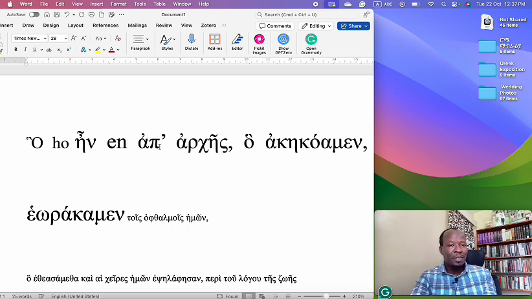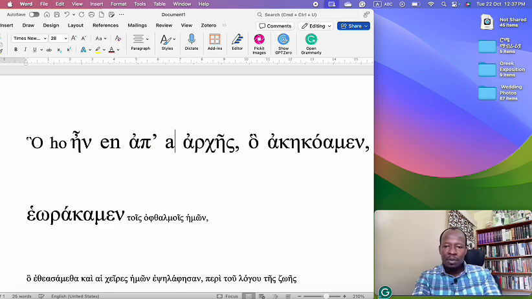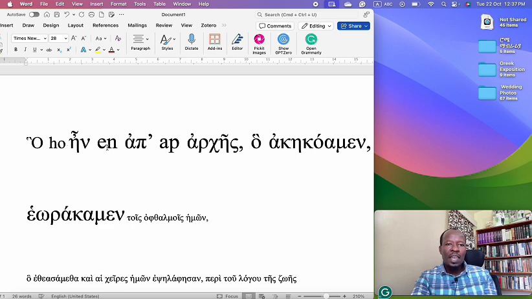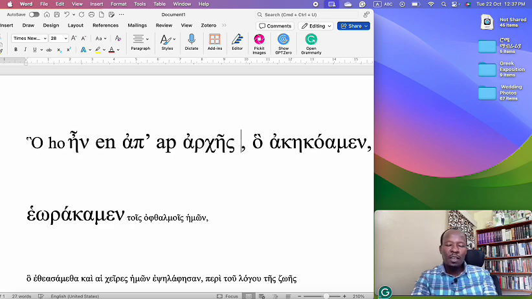How about here? You remember the elision we talked about? So omicron is dropped out, elided, because of this alpha that begins the next word with a vowel. So up, arches. This is smooth, so I don't need to have an H sound, so it's going to be up. Okay? Ho, N, up. Then this is also smooth breathing with a circumflex accent.